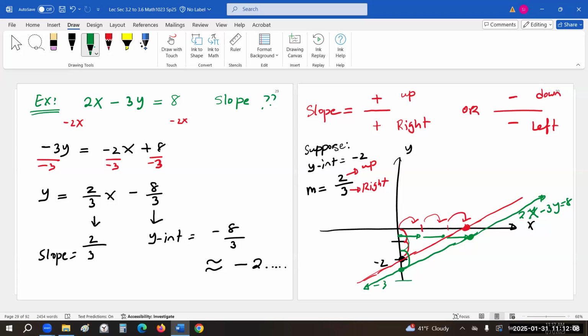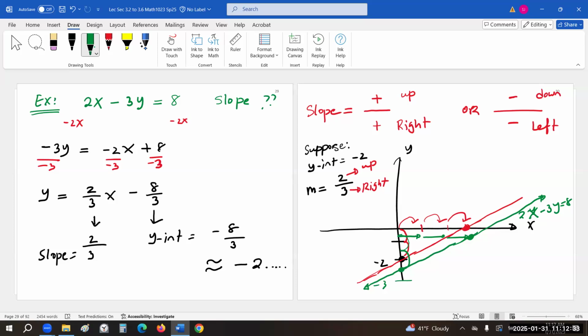So if you have the y-intercept and only the slope, and you don't have your x-intercept, you don't have to find the x-intercept. You start from your y-intercept and walk your slope based on the sign. If the top is plus, you go up. If the top is minus, you go down from that y-intercept.